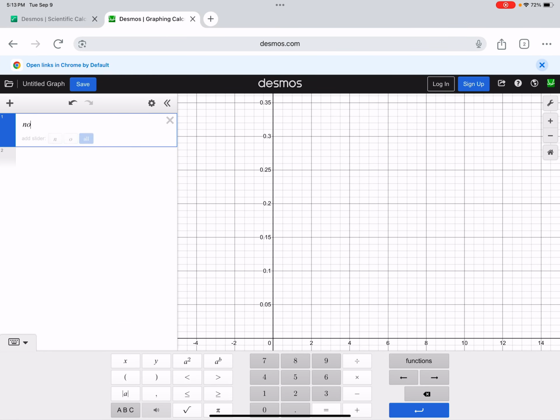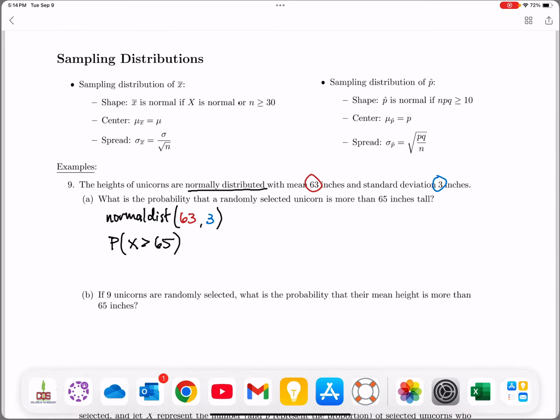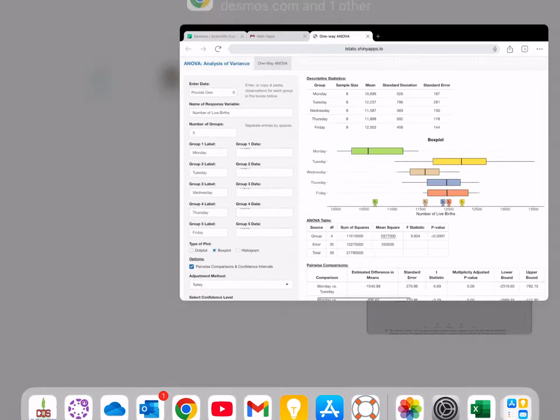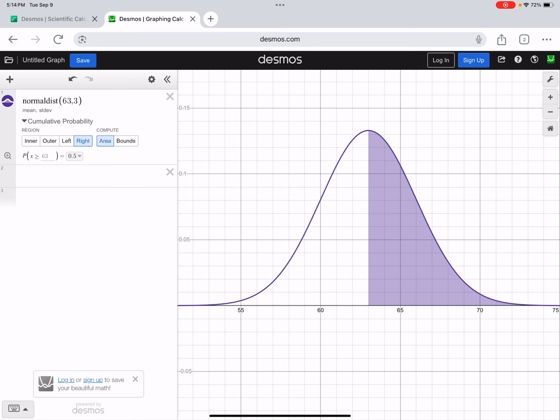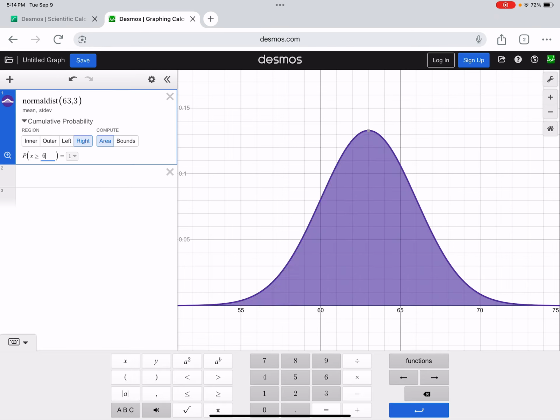So I want a normal distribution with a mean of 63 and a standard deviation of 3. I'm going to zoom in on that and compute the probability that X is more than 65. Okay, so 0.252 approximately.